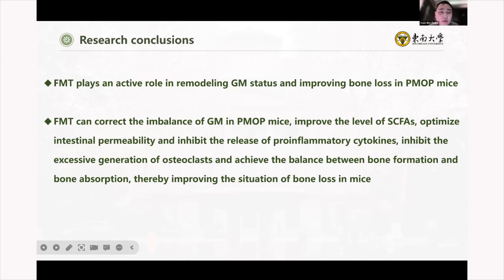We have also seen FMT can correct the imbalance of GM in PMOP mice, improve the level of SCFAs, optimize the intestinal permeability and inhibit inflammation, so as to achieve the balance between bone formation and bone resorption, thereby improving the situation of bone loss in mice.